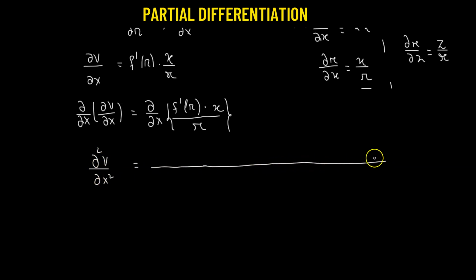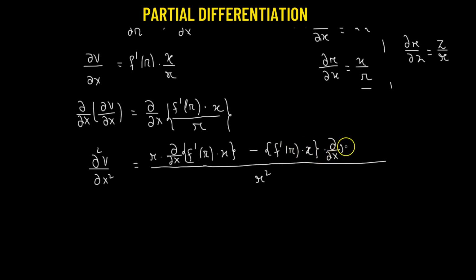We have r squared in the denominator. In the numerator we have r multiplied by partial with respect to x of the numerator, which is f prime of r times x, minus f prime of r multiplied by x, which is multiplied by partial with respect to x of r. Fine. So this will be r times, and here we'll have to apply the product rule. So let's expand this.